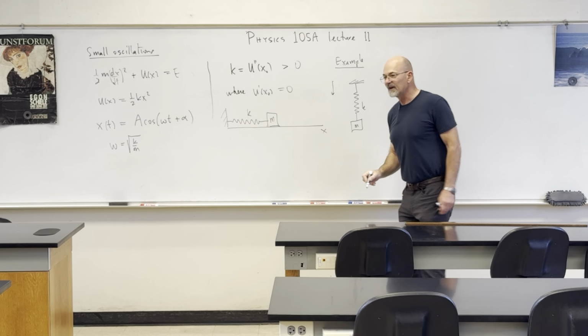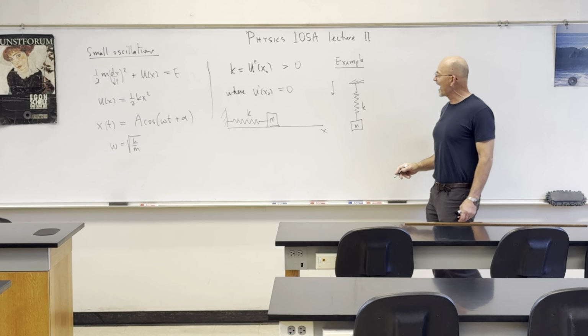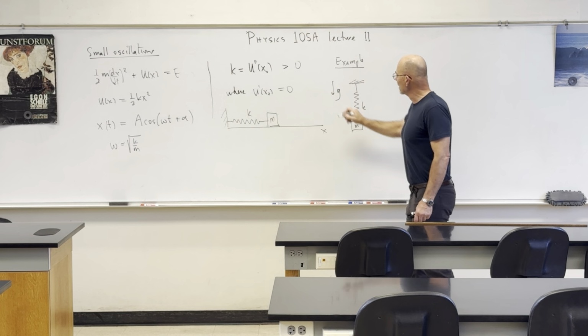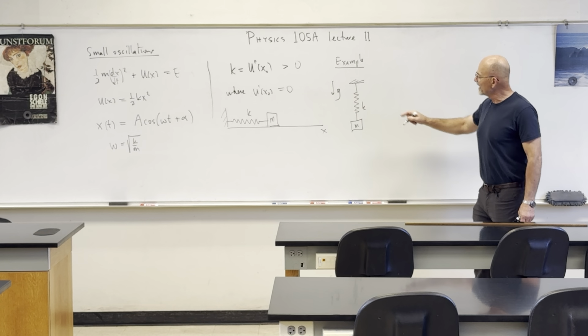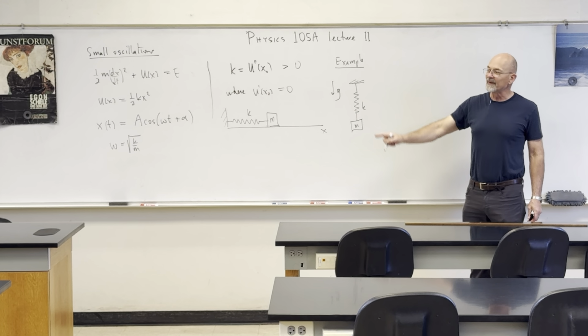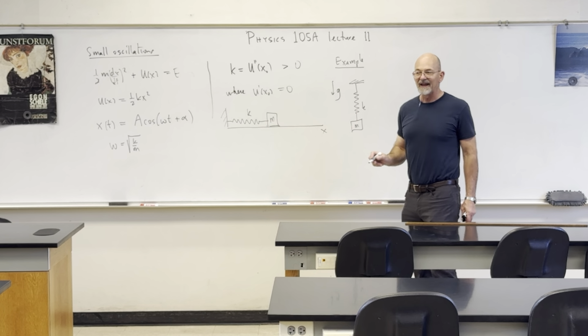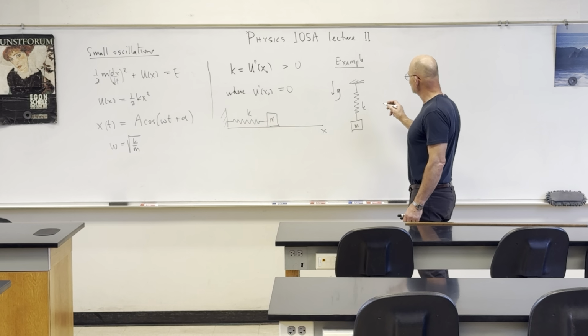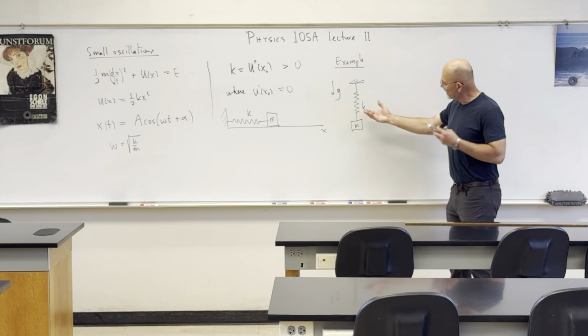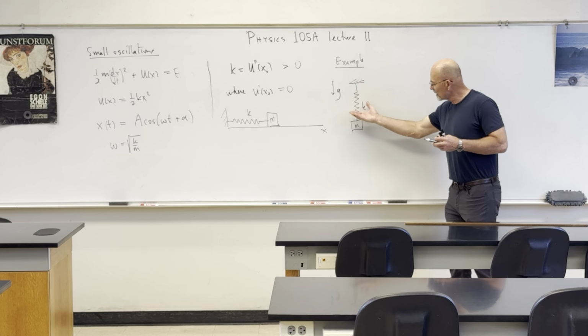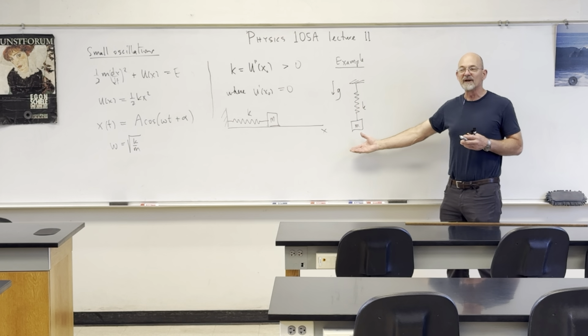So instead of having it horizontally without friction, we hang it here. What's the potential energy of this system now? Well, the spring has an unstretched length, and then when we attach a weight to it, it stretches and comes to a lower equilibrium.